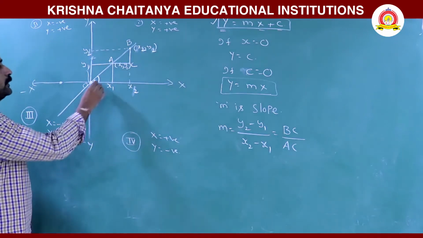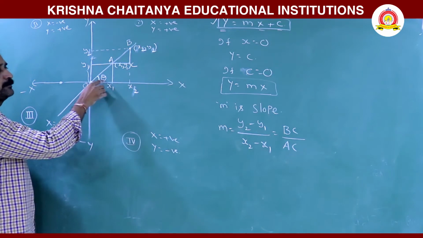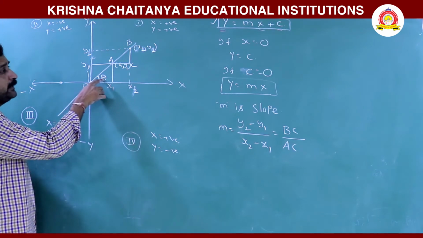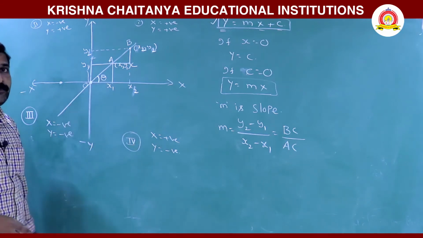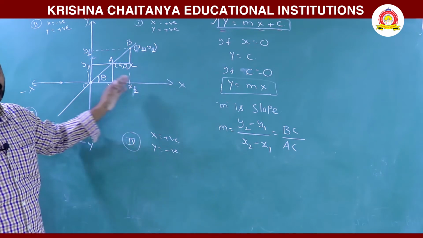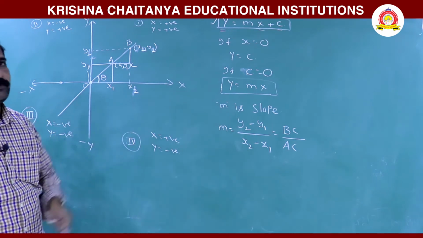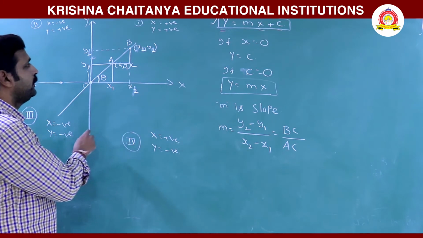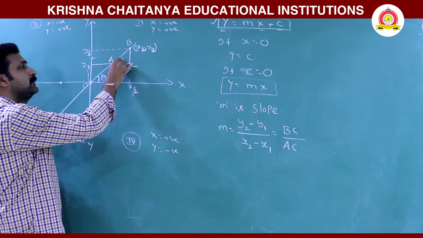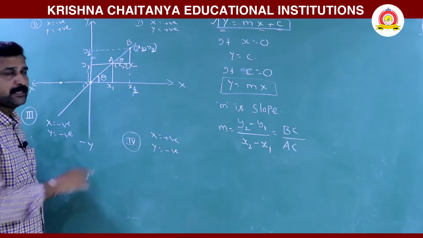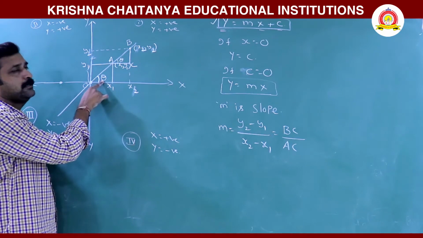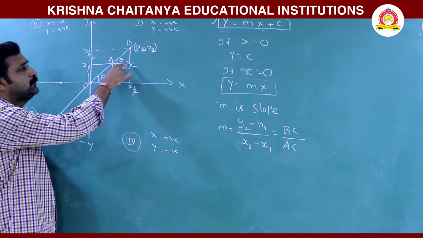Here if we take any angle theta, here theta is the angle made with the positive x-axis. Remember, theta is the angle made with the positive x-axis. Now here it is theta, and here also this is theta, since the same straight line makes the angle theta everywhere with the positive x-axis.